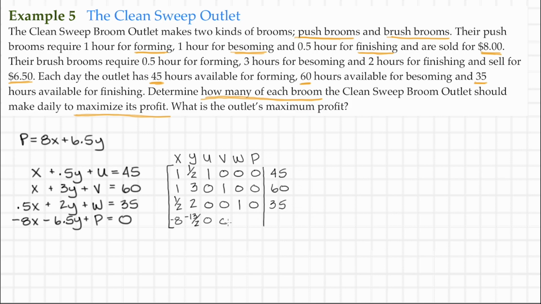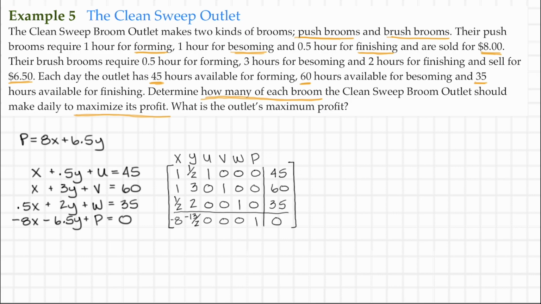Then 0, 0, 0, 1, and 0. Put in our horizontal line, and then close off that bracket. Notice our diagonal here. These are our basic values. These are the values that we're going to change.